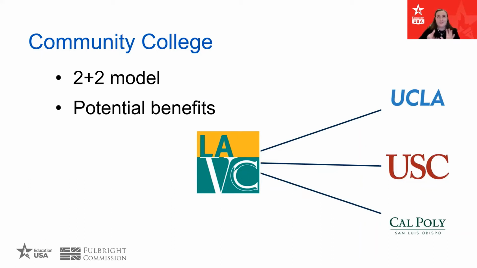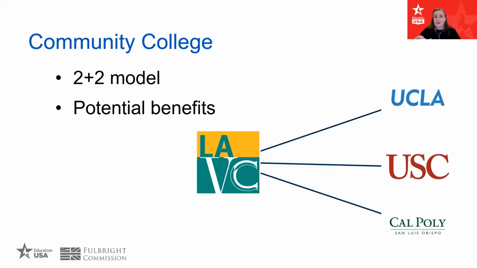The 2+2 model comes in because after you've got your associate's degree from the first 2 years, you can then transfer to a 4-year institution, transfer into your 3rd year, do an additional 2 years, and come out in the same period of time with a bachelor's degree, but you've used the community college as a stepping stone to get there.